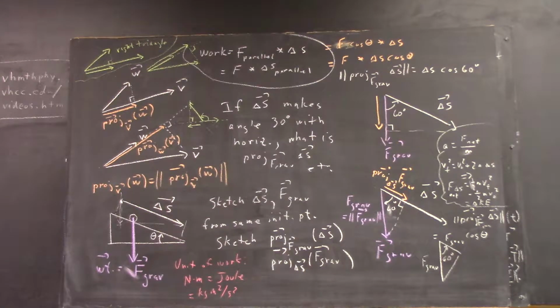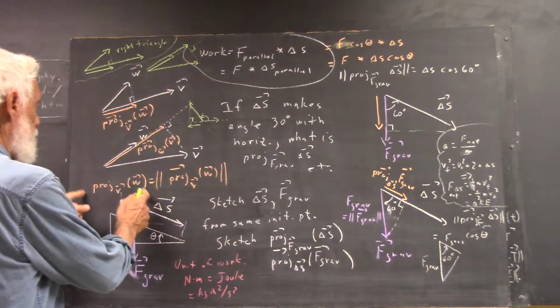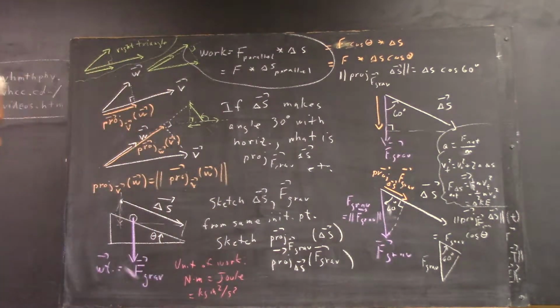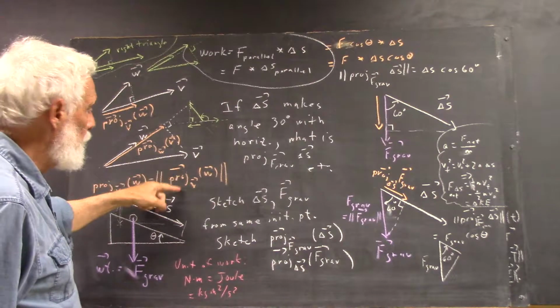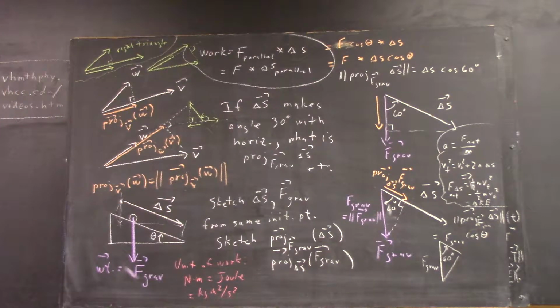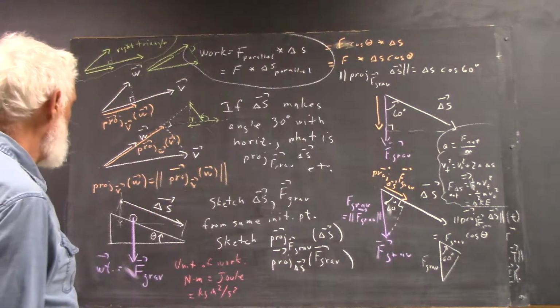Now, a little notation. This is the magnitude of this. Now, what's the difference between this expression and this expression inside the magnitude signs? Well, the difference is I've got an arrow over this. Okay? And actually, maybe I shouldn't even have written this because this would be the scalar projection.